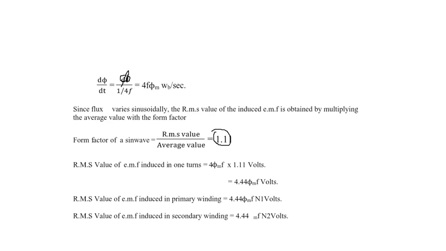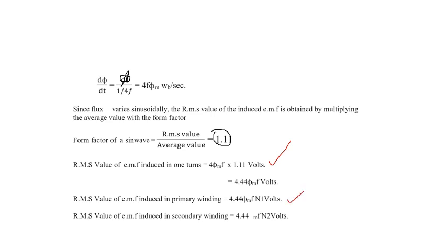Now the RMS value of the EMF induced in one turn is 1.11 times 4f φm, which is 4.44 f φm volts. This will also be the RMS value of EMF induced per turn in the primary winding.